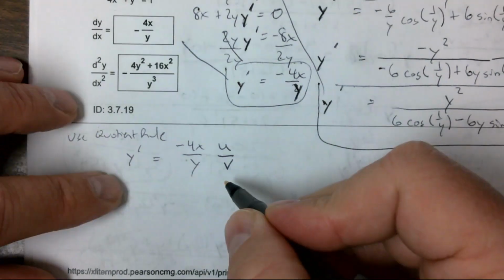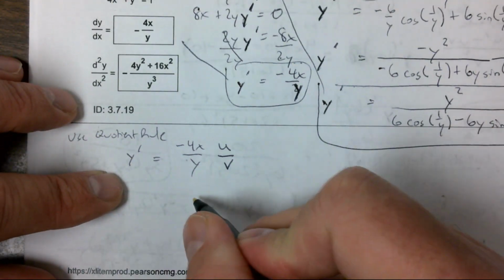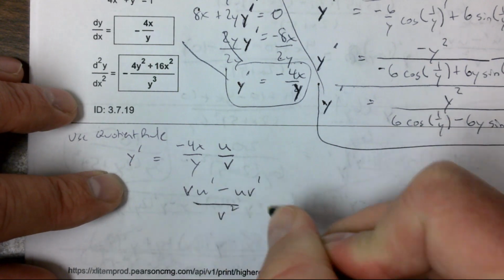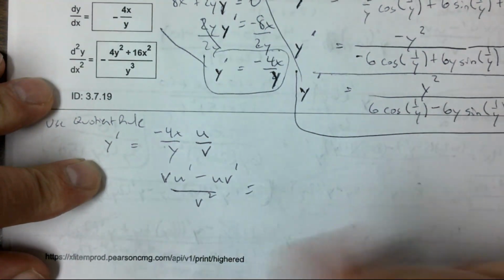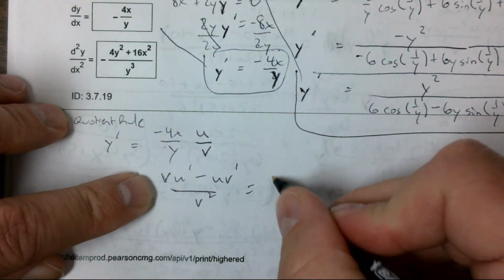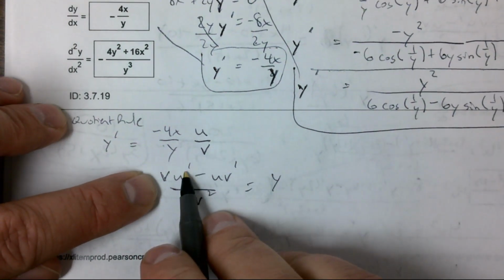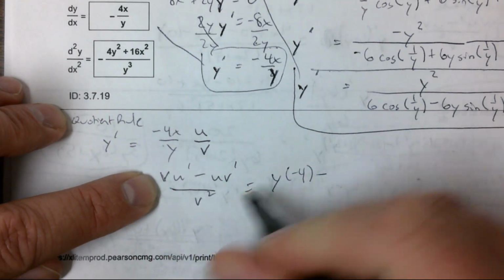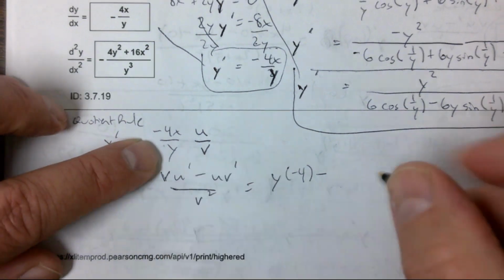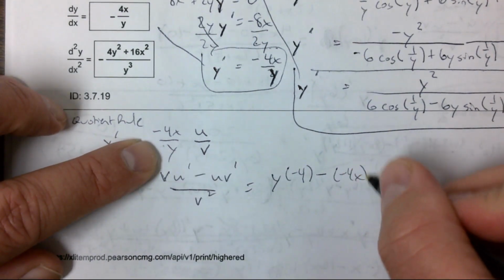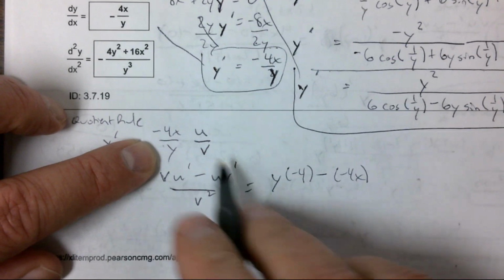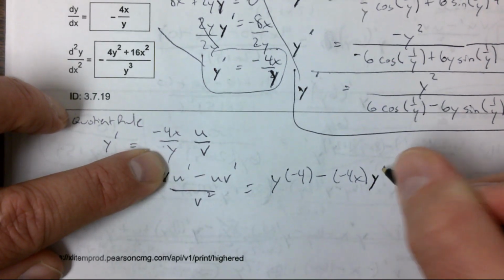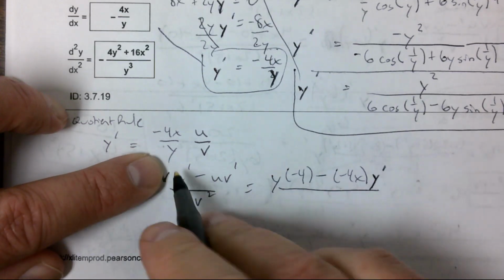And so what we want is v u prime minus u v prime over v squared. So the v is the y times the derivative of the numerator would just be negative 4 minus the u, which is negative 4x, times the derivative of the denominator, which would just be y prime, all over the denominator squared.